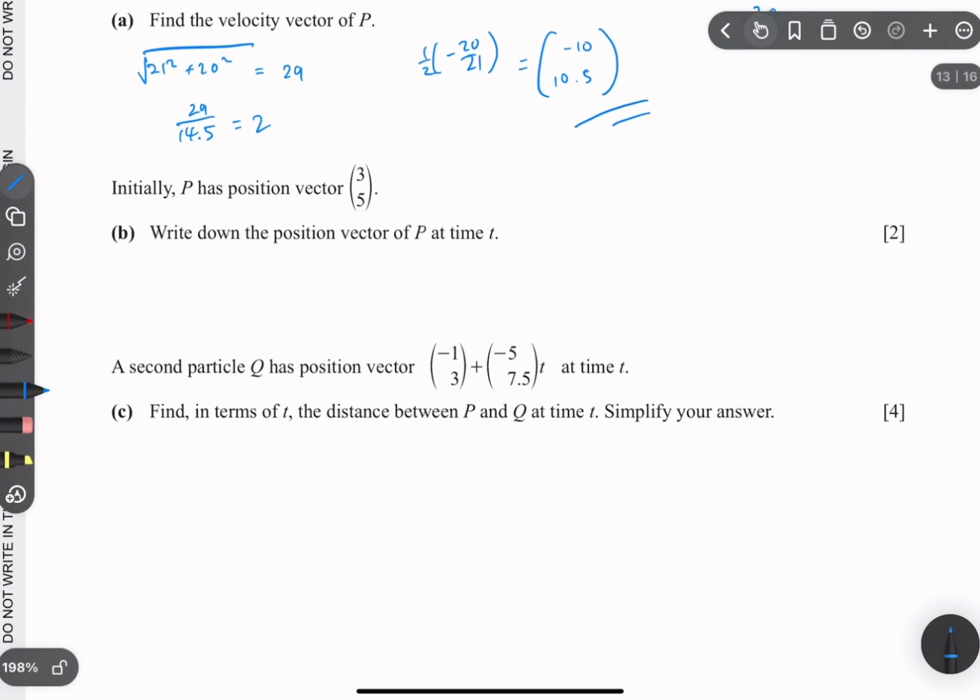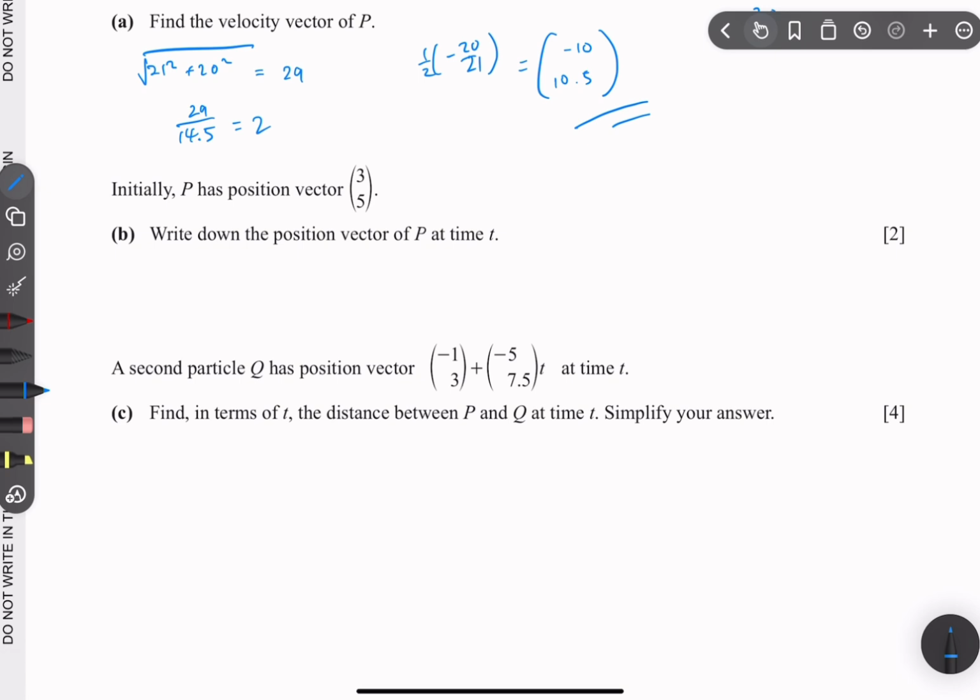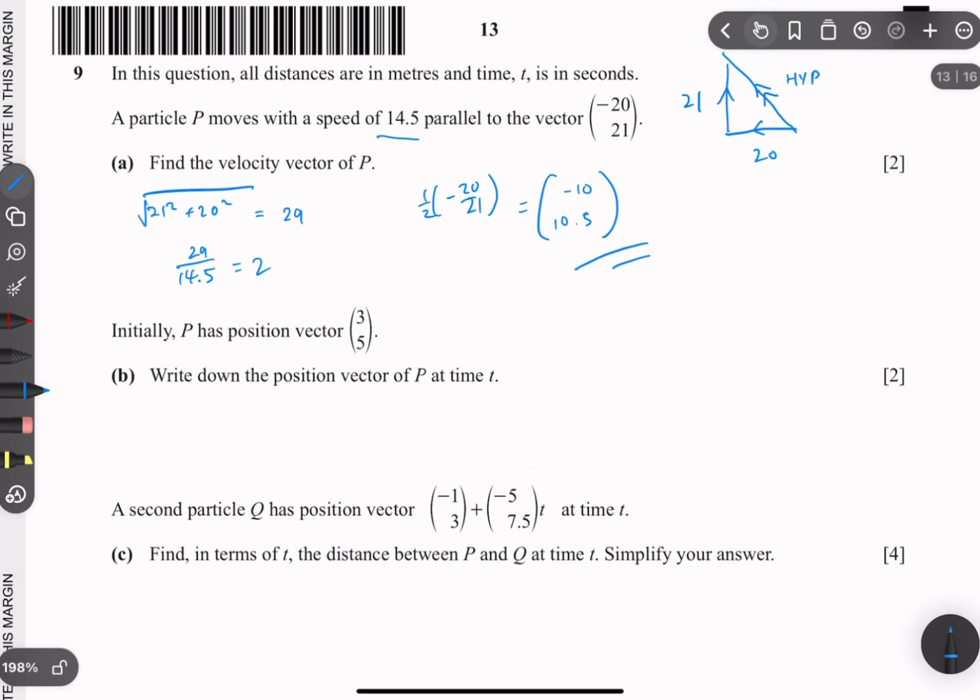So initially, P has position vector 3, 5. Write down the position vector of P at time t. Okay, so you can use the formula r equals a plus tb. r is the position vector, a is the initial position, t is the time, and b is the velocity.